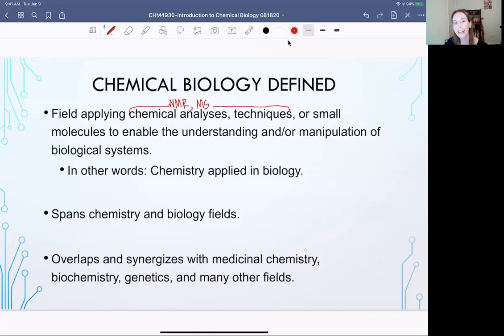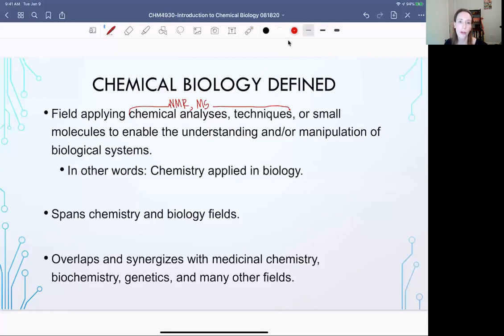But if we're applying those to understand a biological system, like understand how a bacterial cell copes within its environment, that fits into the category of chemical biology. So we're using these tools from chemistry to answer questions that are important to biology.